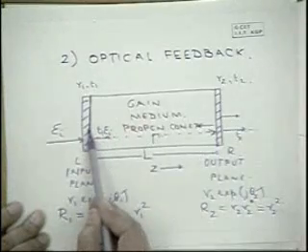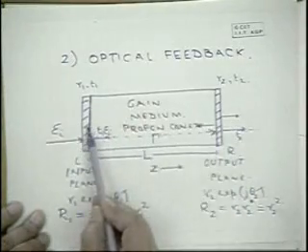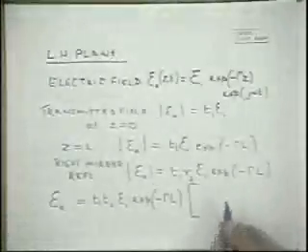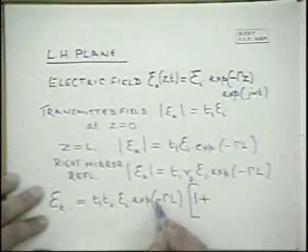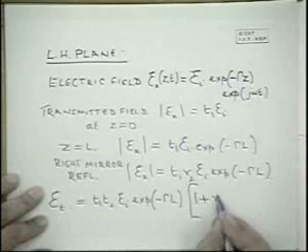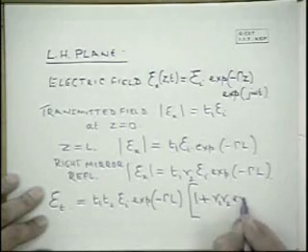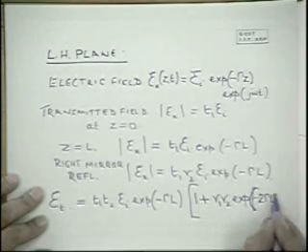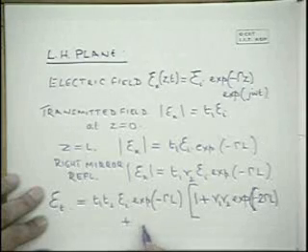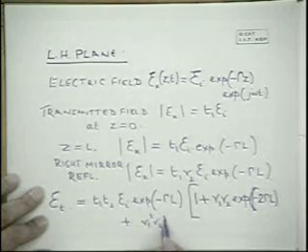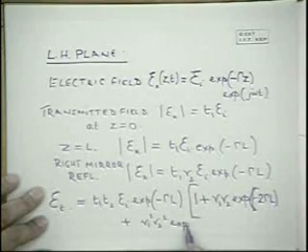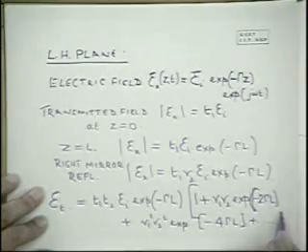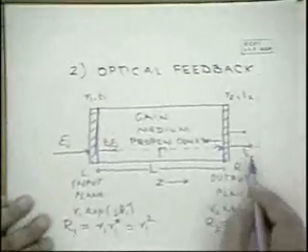This beam will be reflected here, come back, and there's a path length of twice L. So the transmitted beam will be this first term, plus R1 R2 exponential minus twice gamma L, plus again R1 squared R2 squared exponential minus 4 gamma L, plus etc.